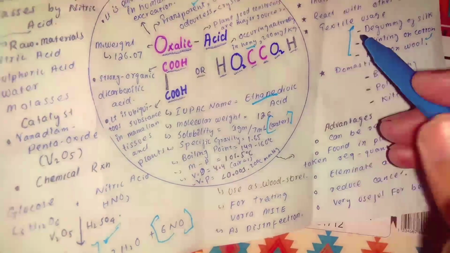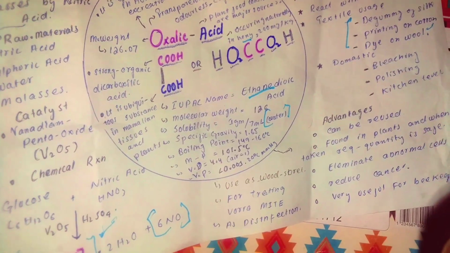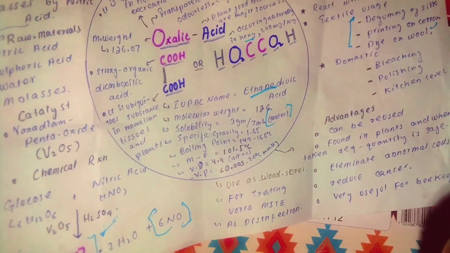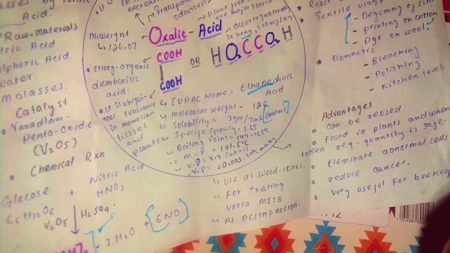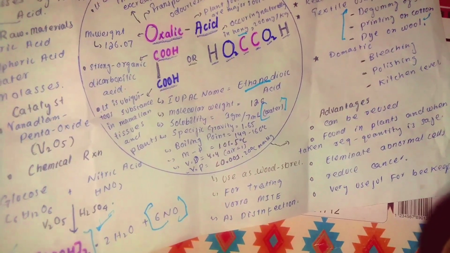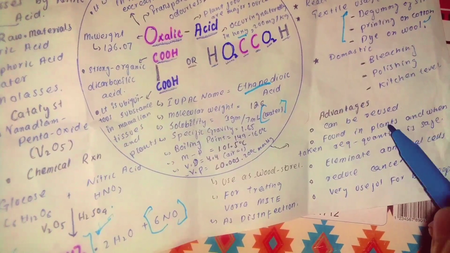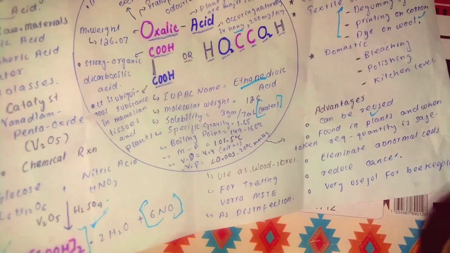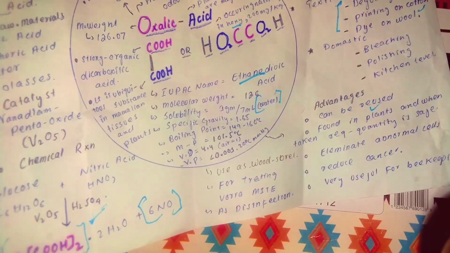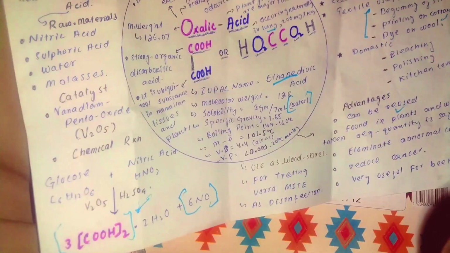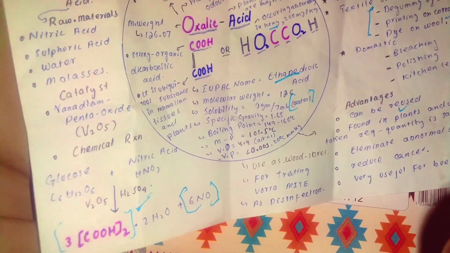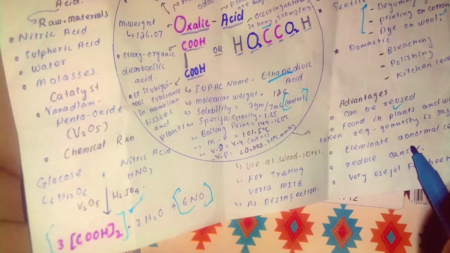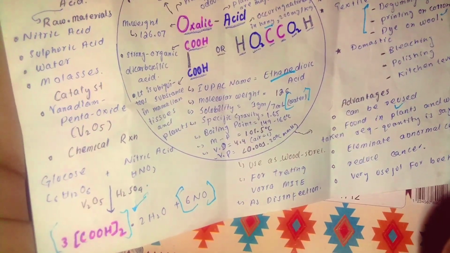We talked previously that it has a major concentration in the sources of plants, so it is required for the plant's food. Next, elimination of abnormal cells is a most important point.